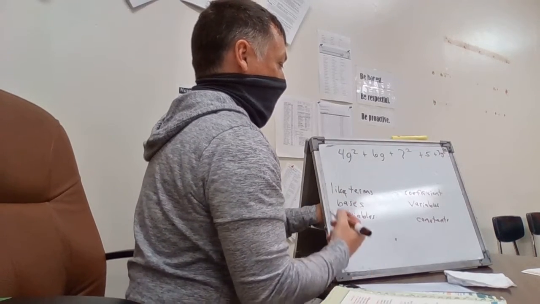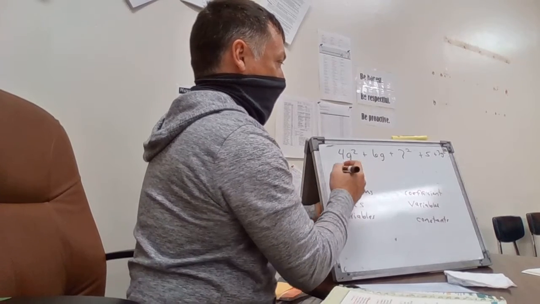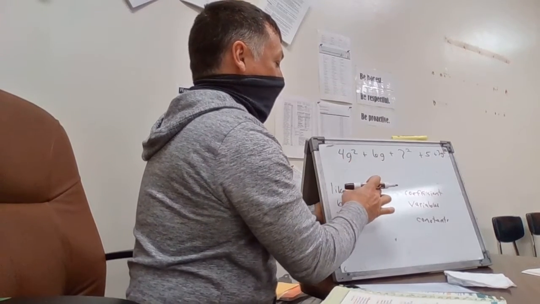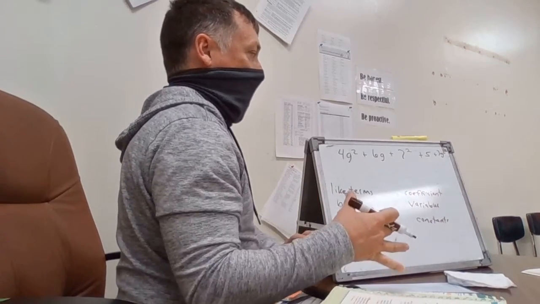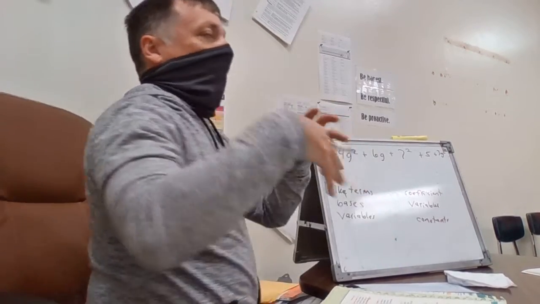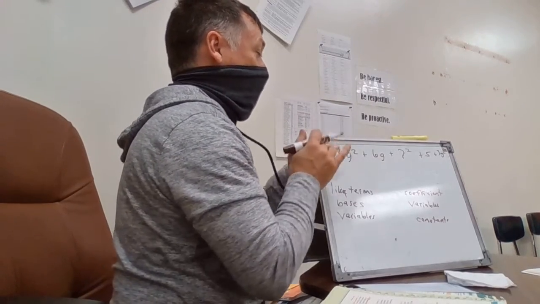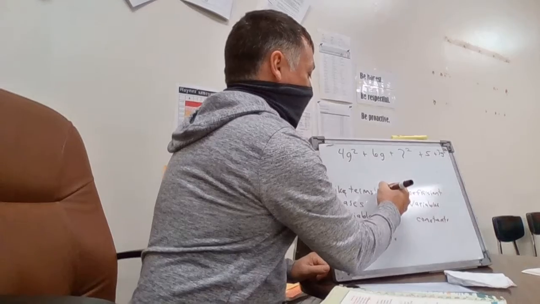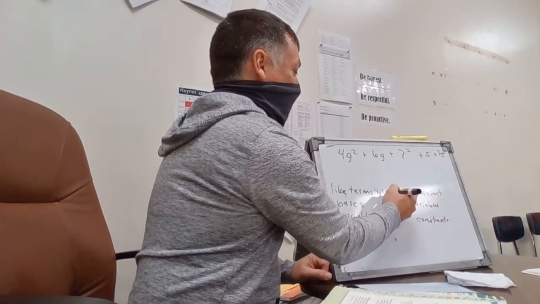Wouldn't it be like the 7 and 5? Okay, so like terms are terms that are alike. Go ahead. So like 4g squared and 3g squared. Yeah, 4g squared and 3g squared. Okay.